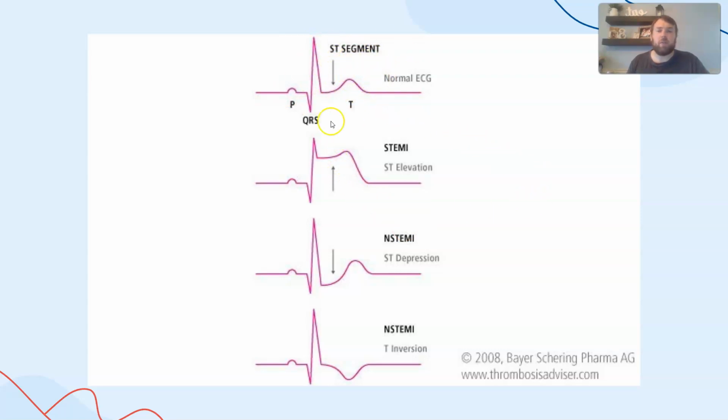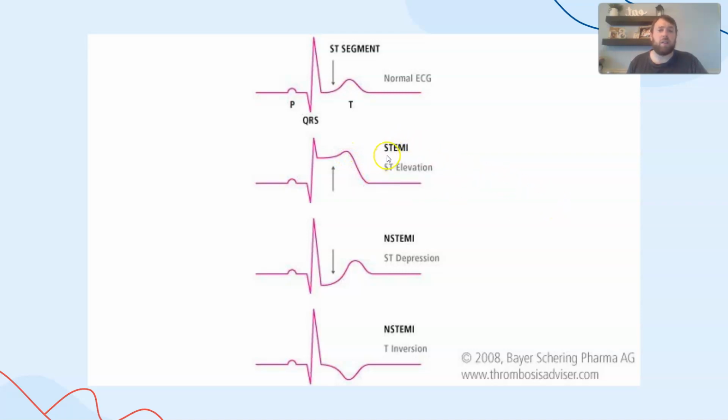And if we look at the difference between these two right here, we can see that the ST portion, the distance between the S wave and the T wave, is actually elevated, so that the heart did not go back to its normal depolarization at the isocardial level. We can see that the elevation causes the T wave to be very elevated.